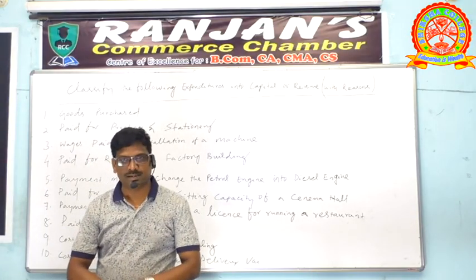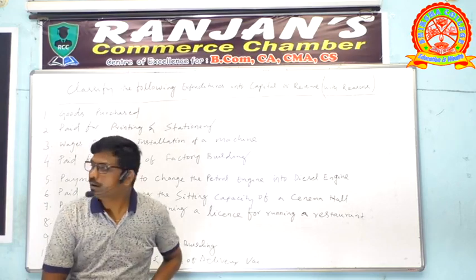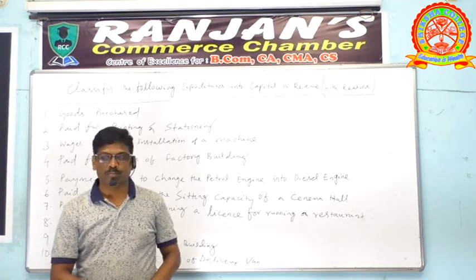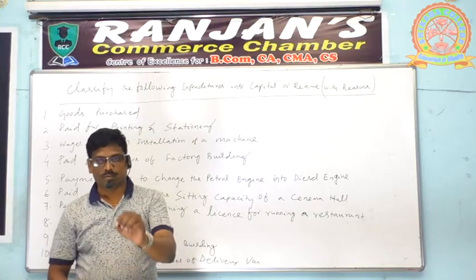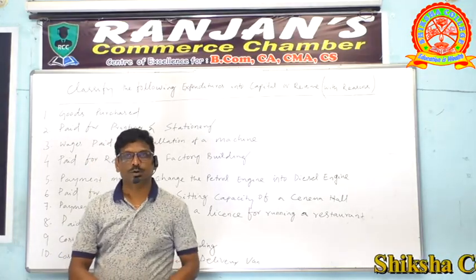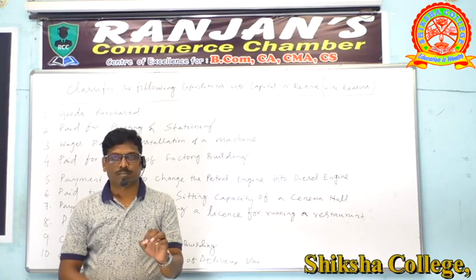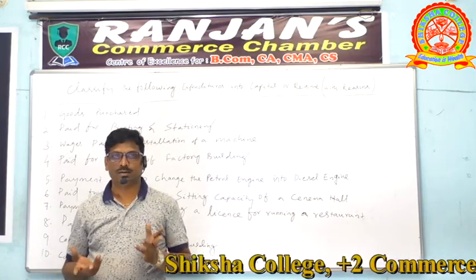Is it day-to-day expenses? No, sir. Is it recurring? No, sir. We have paid it, or we have to pay it, once only. At first time only 20,000. Further it doesn't require to pay. So the expenditure will be in the nature of capital expenditure. Okay.